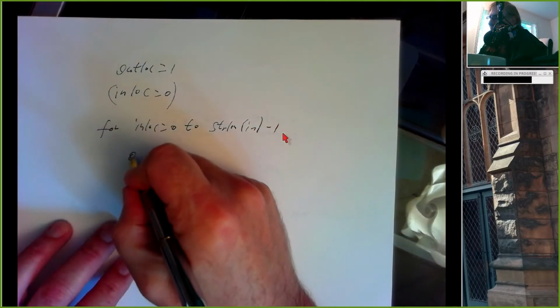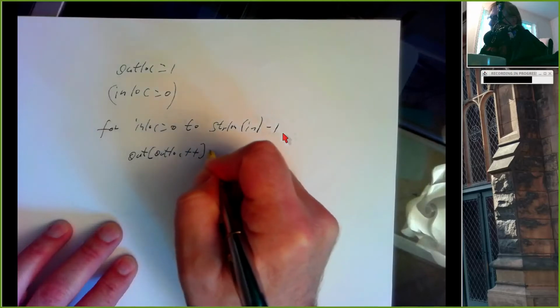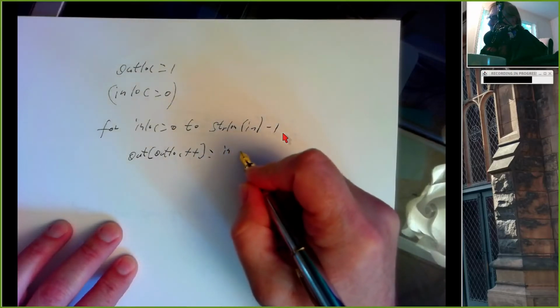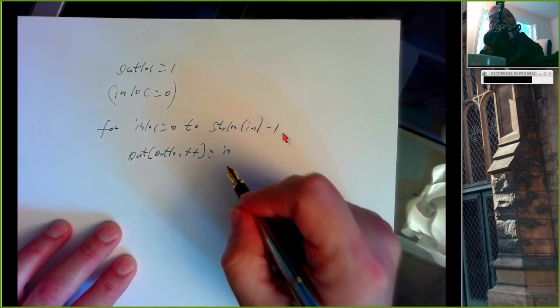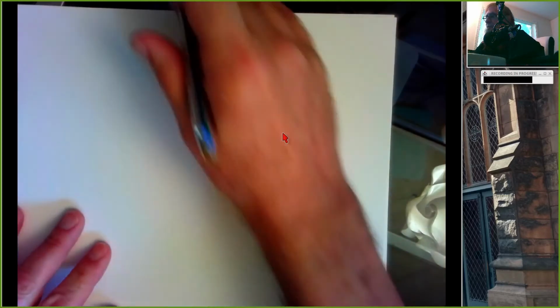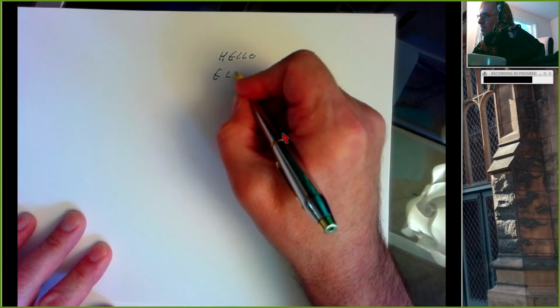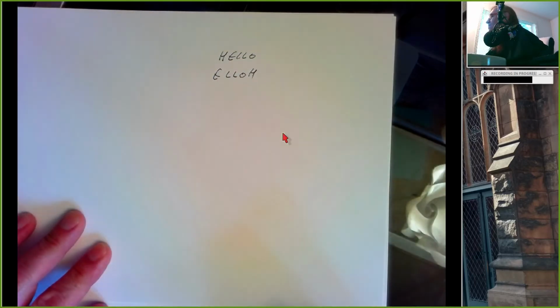And I can iterate over all of my input characters. And I can just say out[output location++] equals in, let's see, we're removing the first one. Am I backwards? HELLO. I want to go to ELLOH.